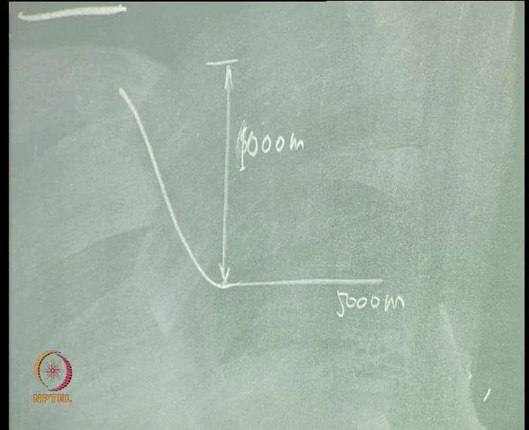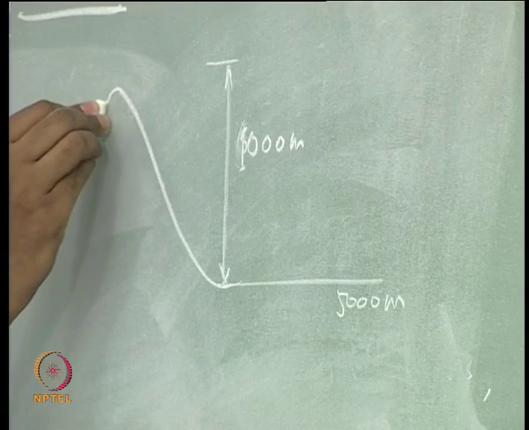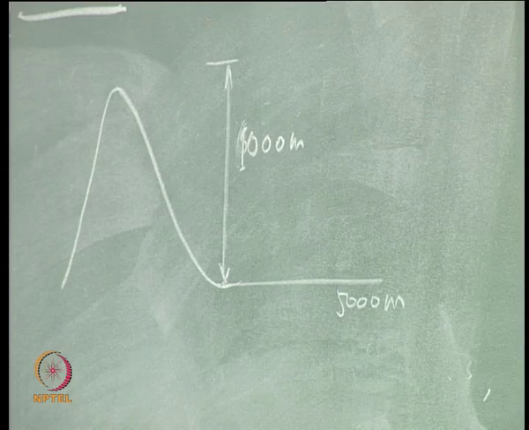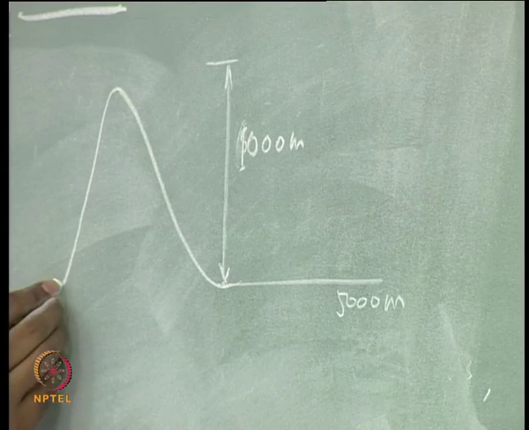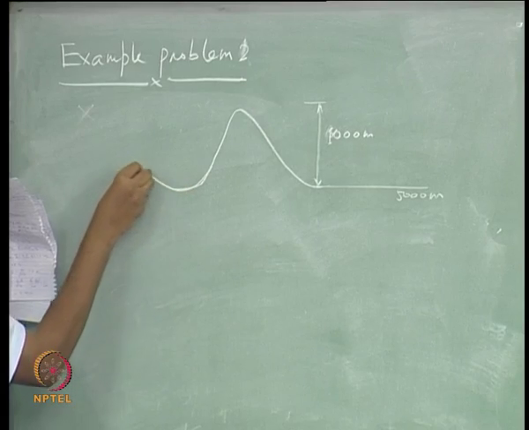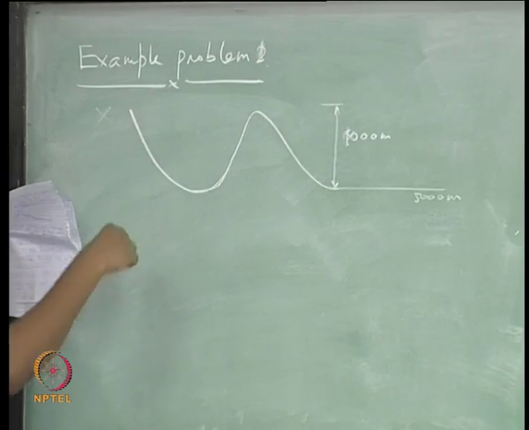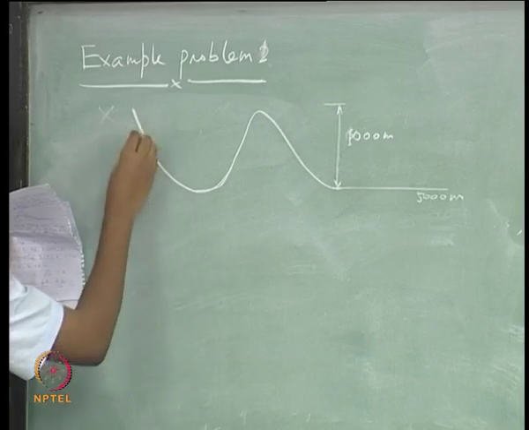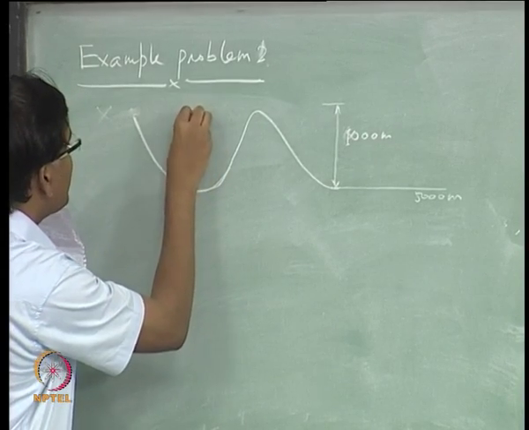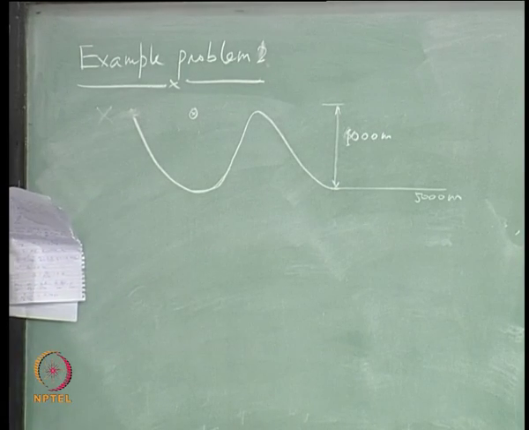Okay. From this point it takes a dive, so that at the bottom it touches this 5 kilometer height and completes a semicircle. Right, you are getting what I am saying.